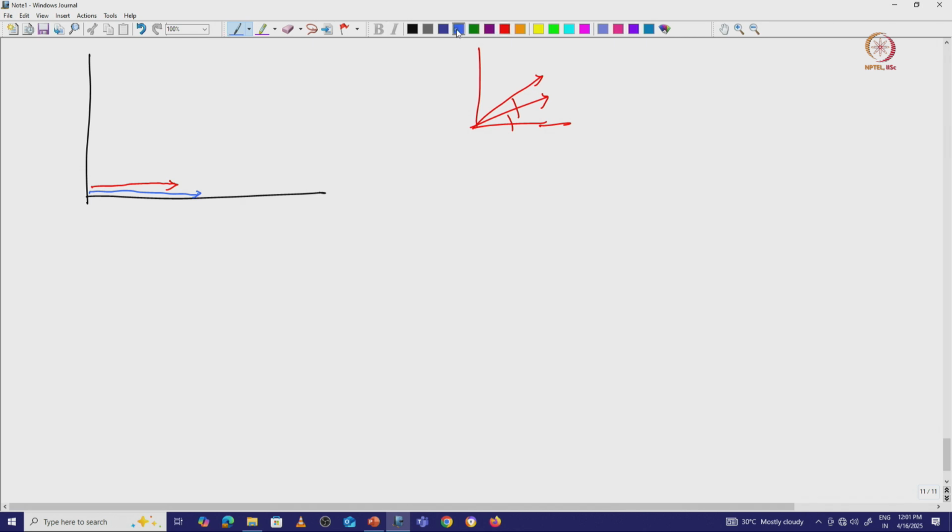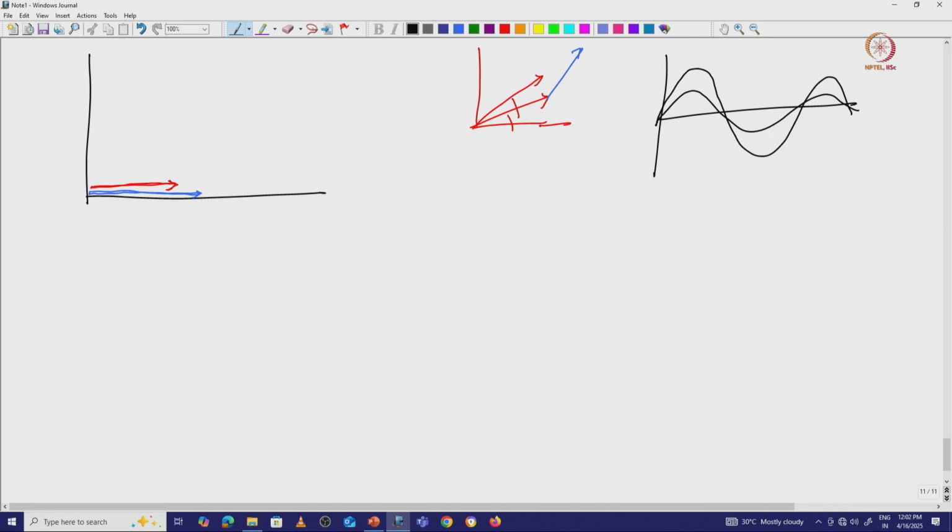In the previous case we added like that and got the resultant vector, and here also. But the major difference between these two, as we can see here, is that there is no phase difference between them; they are going in the same direction. If I want to draw that using a sine wave, there is one wave and the other wave has exactly the same phase, but their amplitude is different.